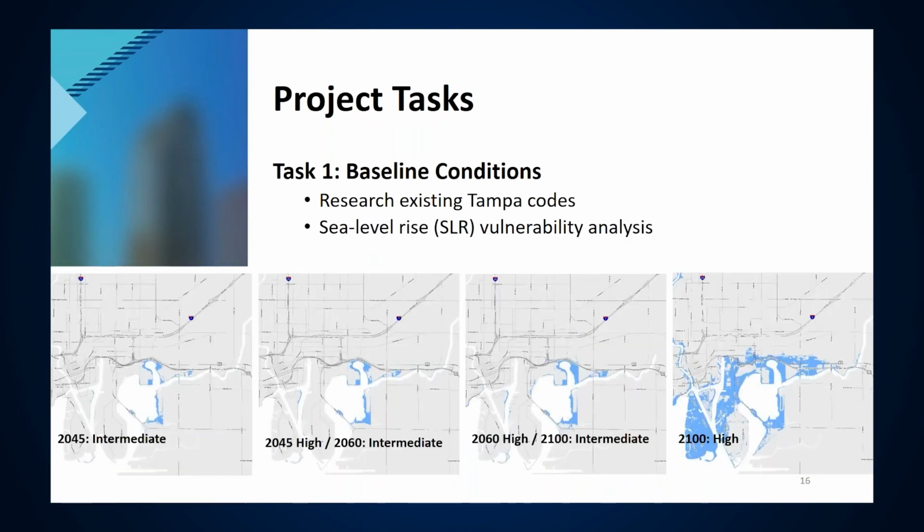Along with that, part of the baseline conditions and inventory process, we're going to be mapping the effects of different scenarios in our region. Part of that is to identify when sea level rise, according to these different projections, actually starts to make an impact. When does it start to affect structures and properties?